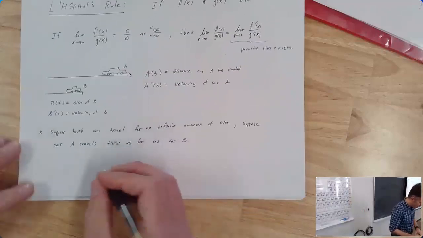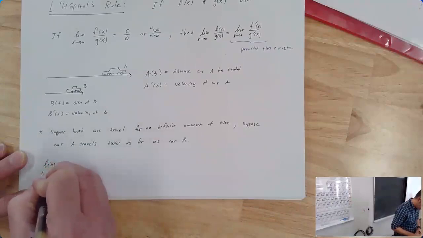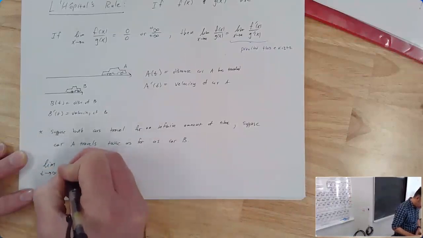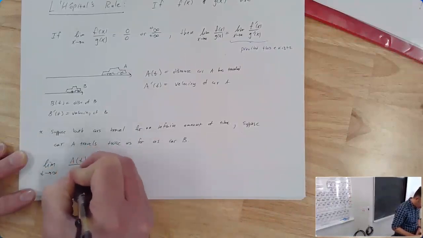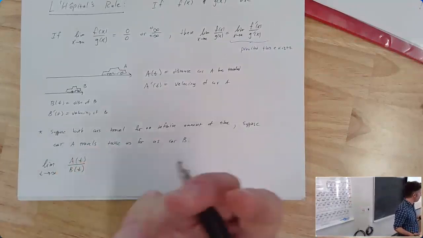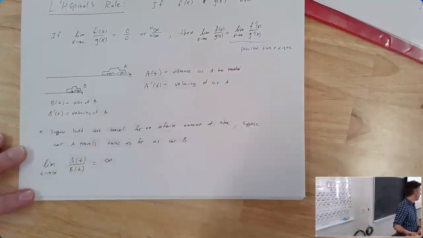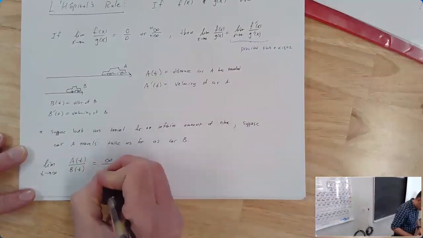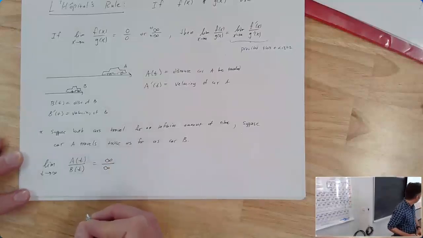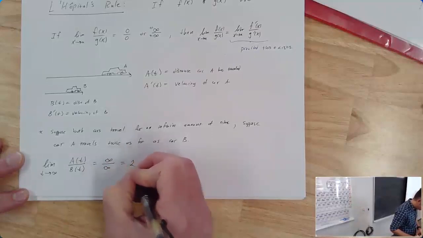So check this out. What we're going to say is the limit as t goes to infinity of the distance that A traveled divided by the distance that B traveled, even though it's an infinity over infinity, right? A travels infinite feet or miles or whatever. B travels infinite miles. A is traveling twice as far. So this limit should equal 2.